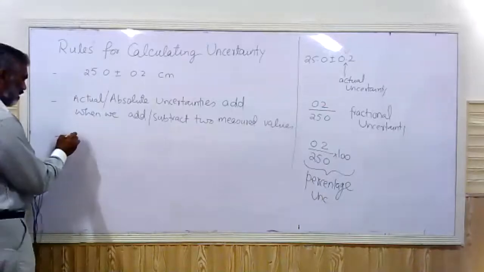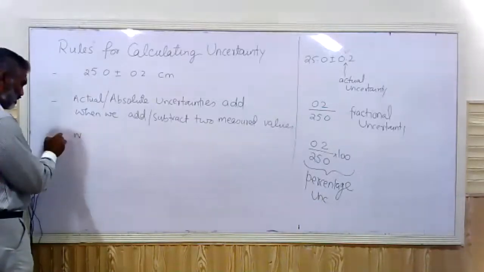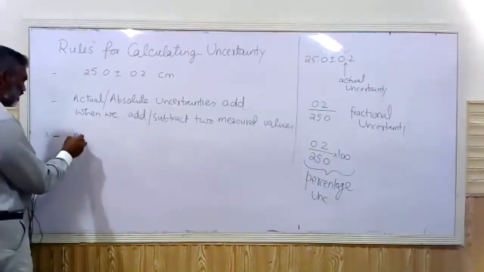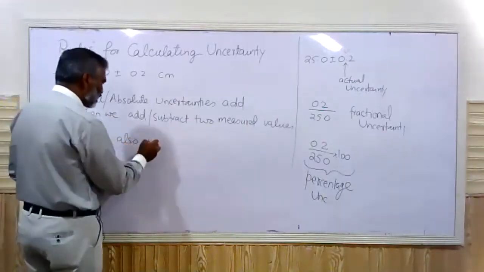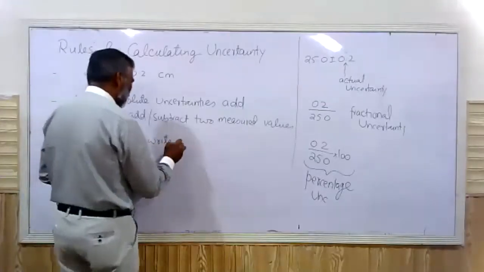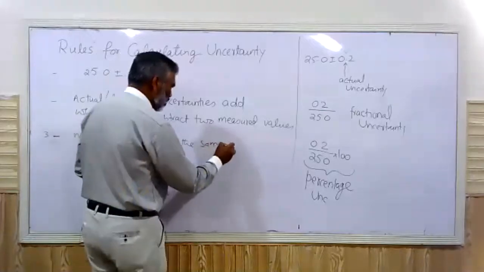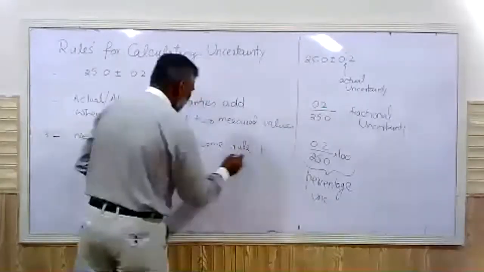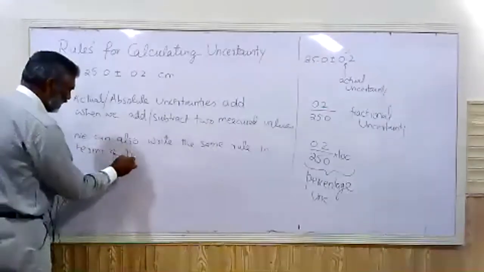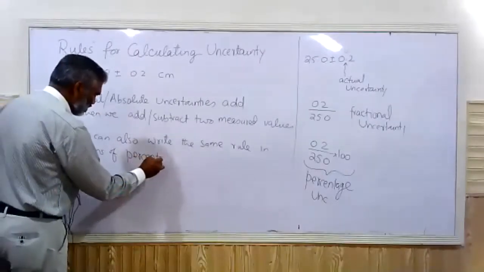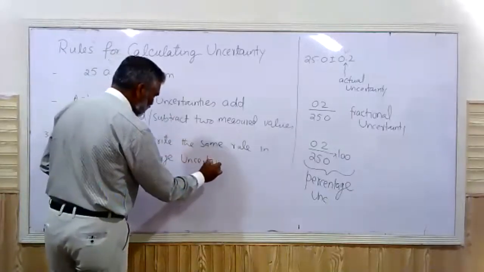So in place of rule number 3, we can also write the same rule in terms of percentage uncertainties.